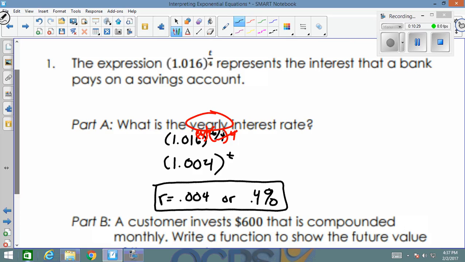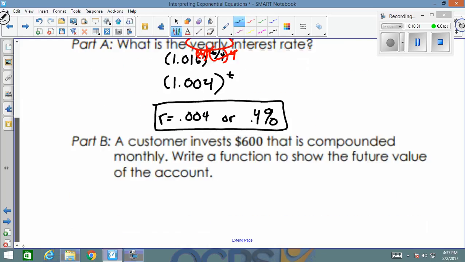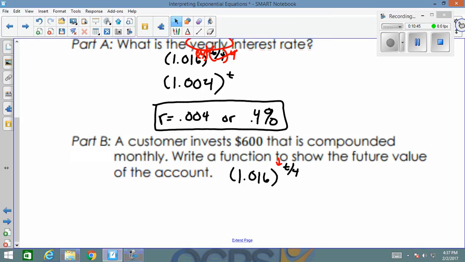Alright, the customer invests $600. Write a function that is compounded monthly. So first we need to take this 1.016, that's raised to t over 4, and we need to make this number 12. So what times 4 is 48? 12 times 4 would be 48, so that means I'm going to multiply these both by 48. This one I'm going to do 1 over 48, because it's always the flipped.